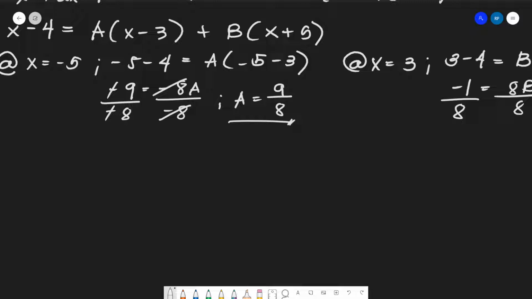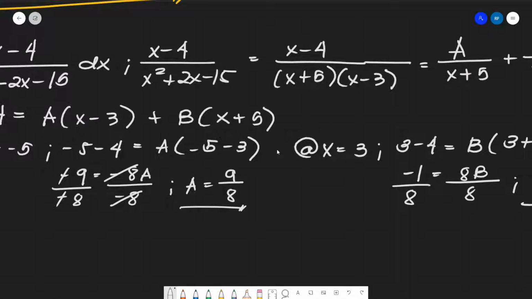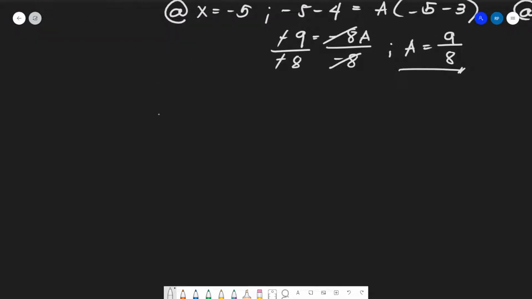So, let's substitute rather. So, kay A, ano nasa ilalim ni A? Sa x plus 5. So, we have the integral of 9 over 8 times 1 over x plus 5. Bakit hindi mo siya nilalagay as numerator? Since this is a fraction, para maiwasan yung pagkalito, i-multiply ko na lang. It's just the same lang naman.